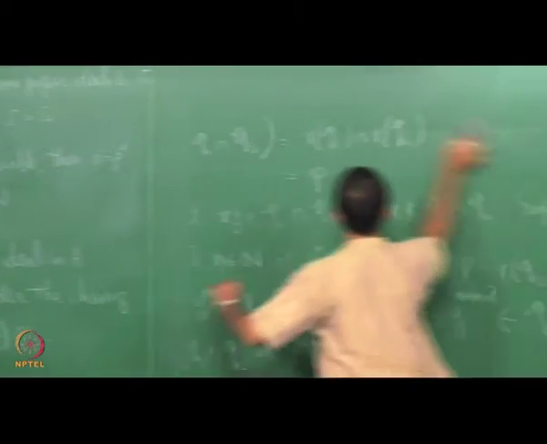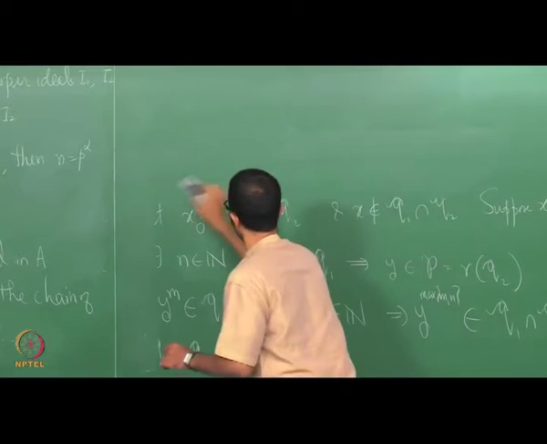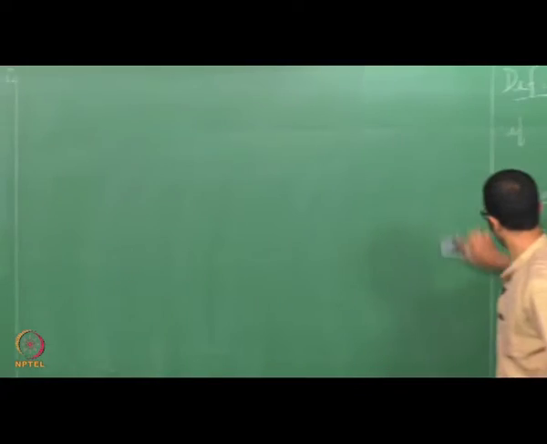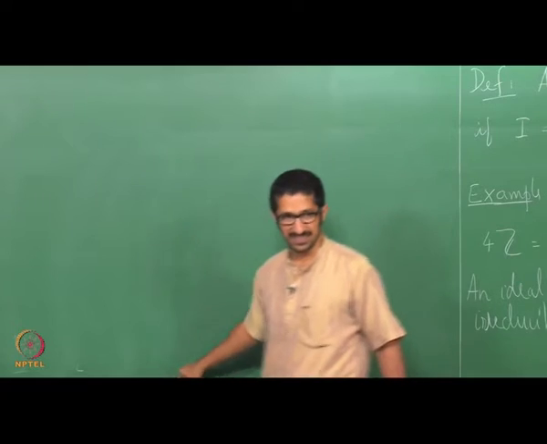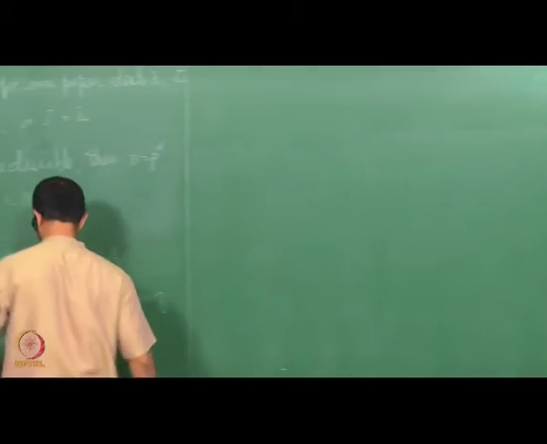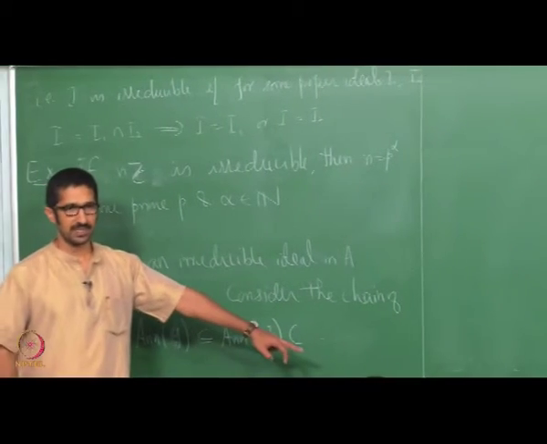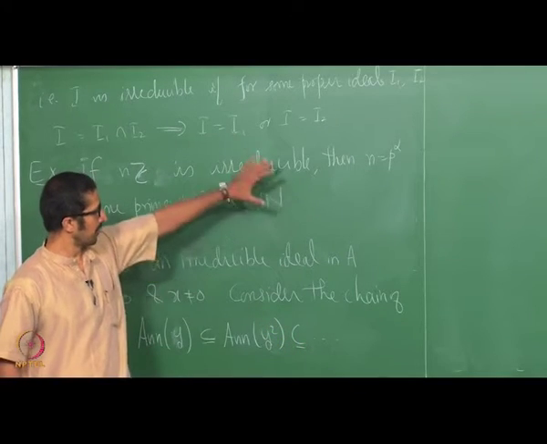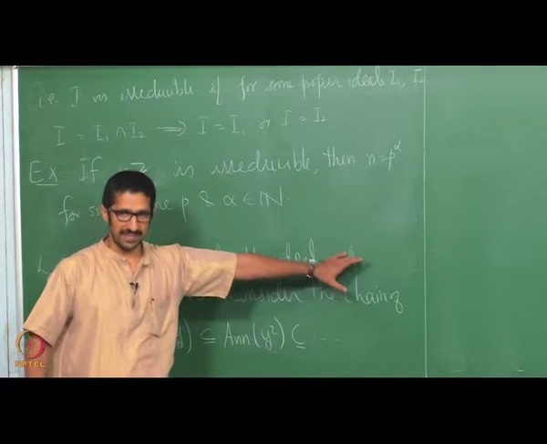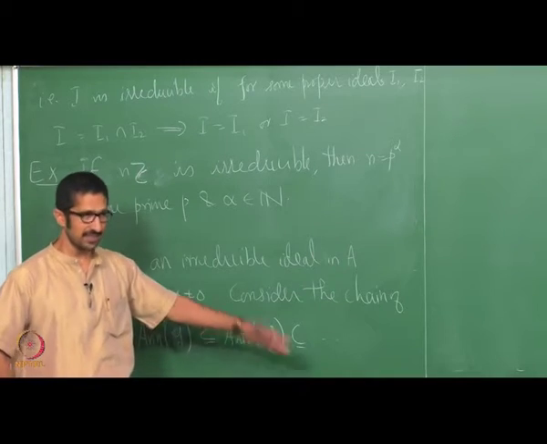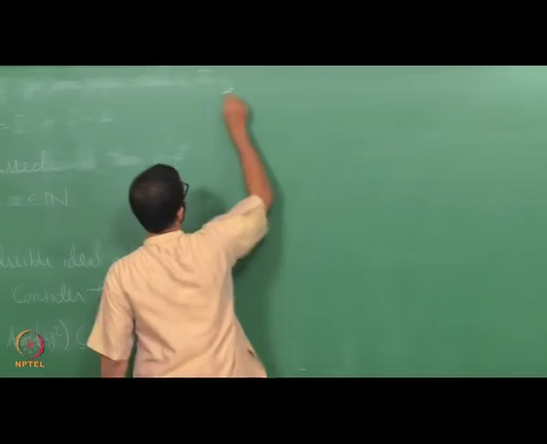Once you see an ascending chain, what comes to your mind? Whether it terminates or not. So, to make sure, suppose it terminates, that is the condition on A. If A is Noetherian, then this will terminate. So, suppose A is Noetherian.